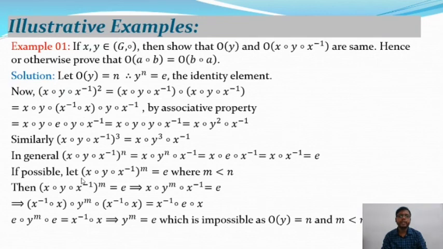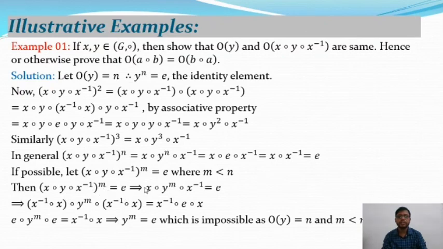If possible, let x composition y composition x inverse whole to the power m be equal to e. So here we take m to be any positive integer, okay, where m is less than n. So then x composition y composition x inverse whole to the power m is equal to e.